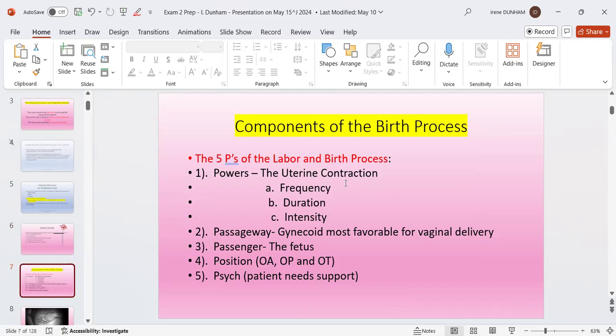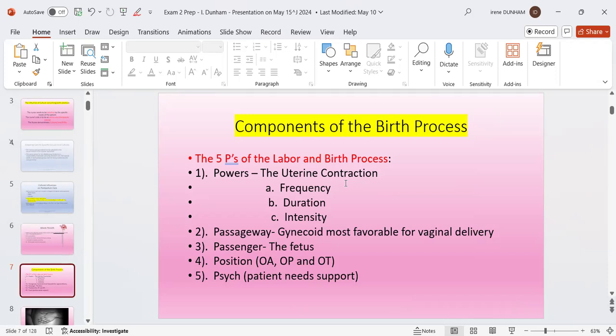Excuse me, the definition I first gave was duration, so scratch that off. I've been saying this so many times in the last few days. Frequency is the beginning of one contraction to the beginning of the next contraction. Did you all hear me on that?